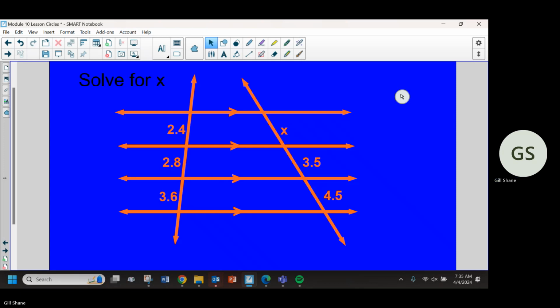What is that? Take a guess. Parallel lines. First thing you should think of when you see parallel lines. When you see parallel lines, I can't even think of anything else, really. It's probably the only thing, but certainly it's the first thing.